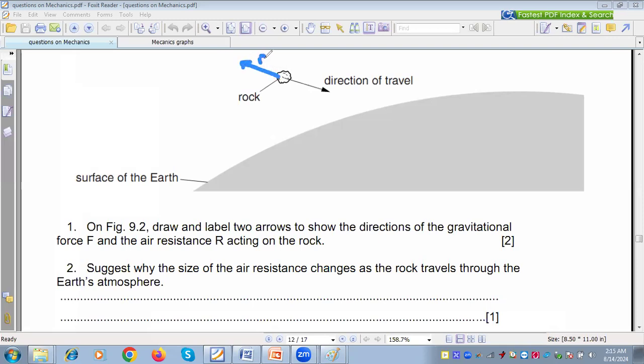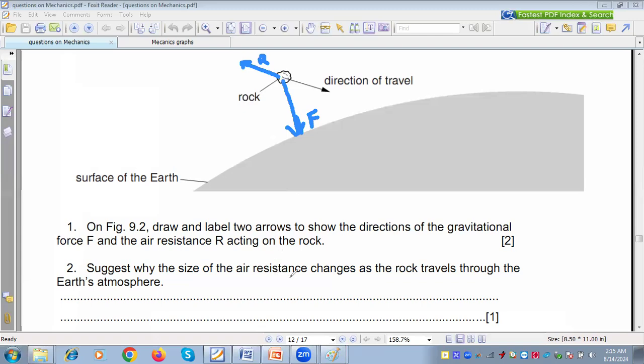We label it R, and the gravitational force F will be perpendicular to the surface of the earth. So this will be F.